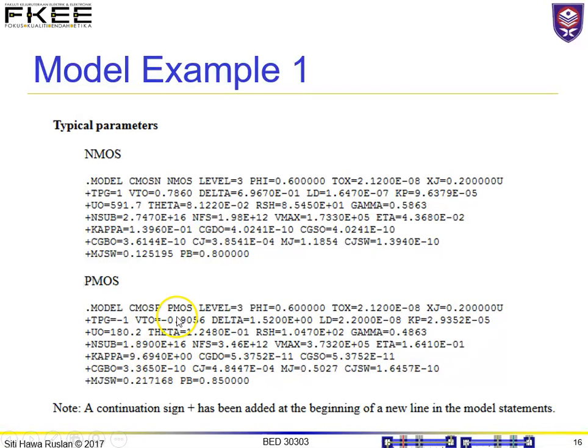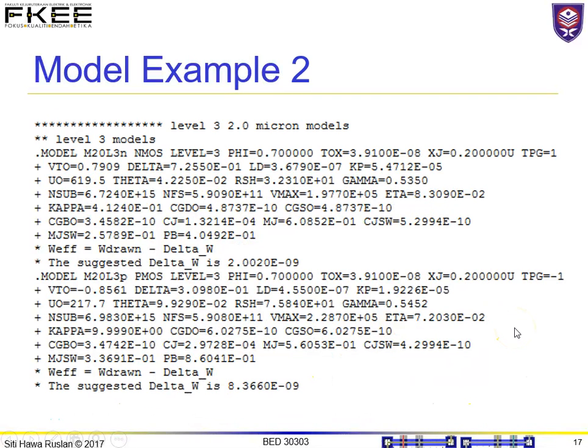For the PMOS also, you have several parameters that represent the behavior of the transistor. And this is at level 3. I will show later, there are so many levels in describing the behavior of the transistor. And in the netlist, if you see the plus sign over here, this sign means that it is a new line, but it is an extension of the previous model statement.